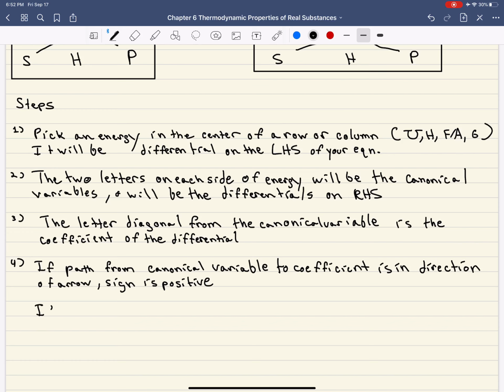If it's the opposite, then the sign is negative.